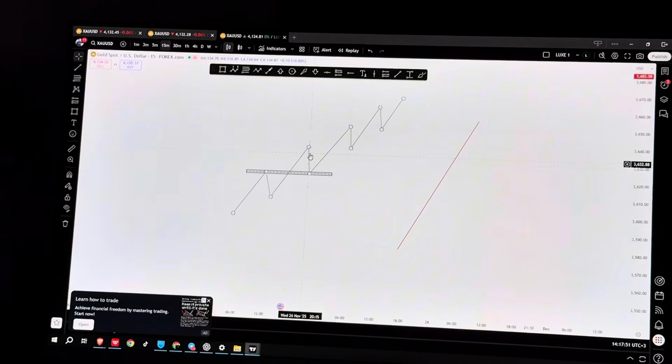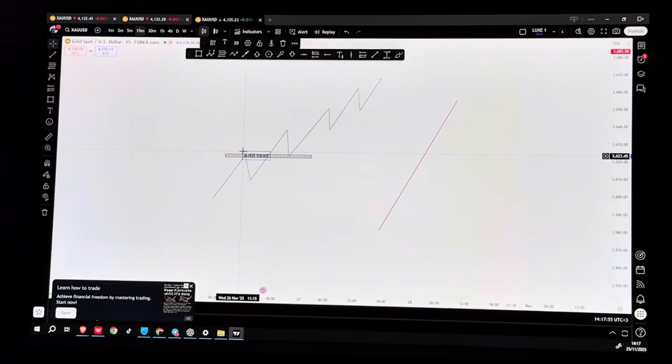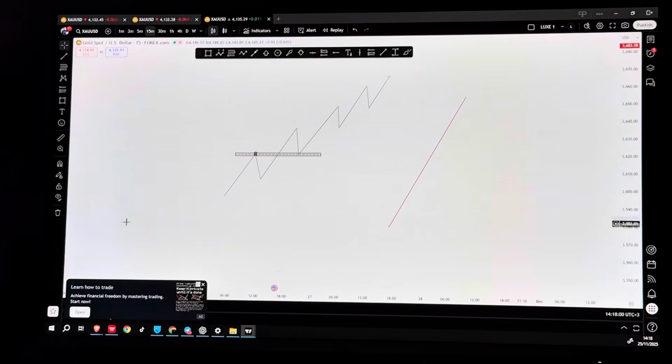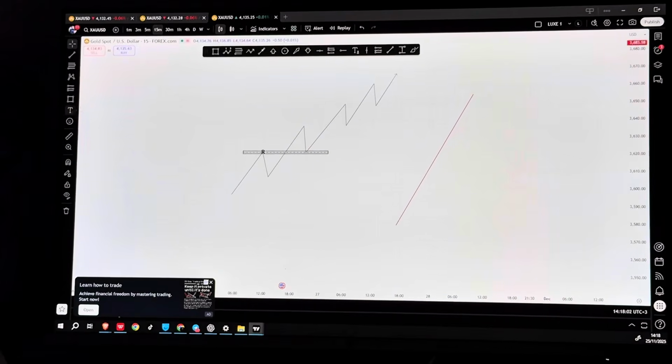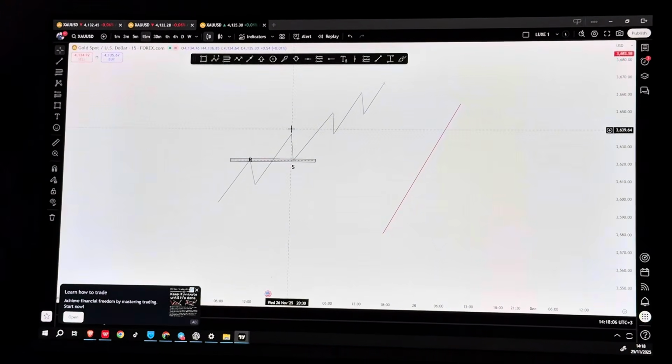If your market has broken your resistance, this point here, it came and formed a support. You see, a break and a retest.